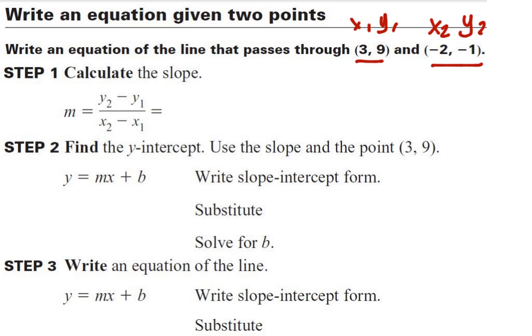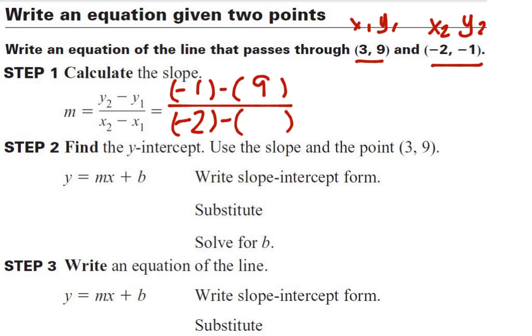I've already got my slope formula written down, so I just need to substitute values. Substituting for y2 I have a -1, substituting for y1 I have 9, substituting for x2 I get -2, and substituting for x1 I have 3.